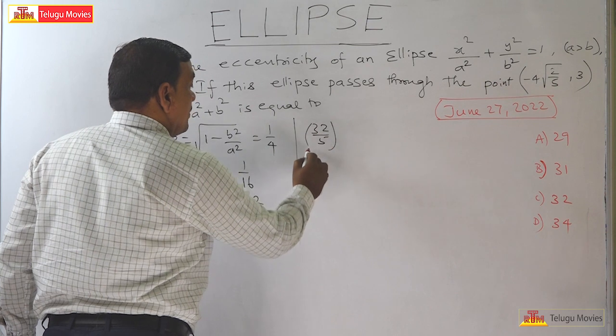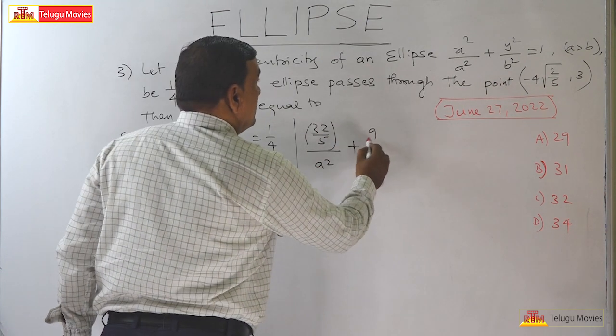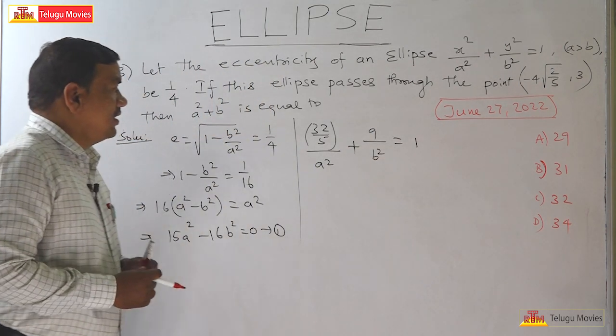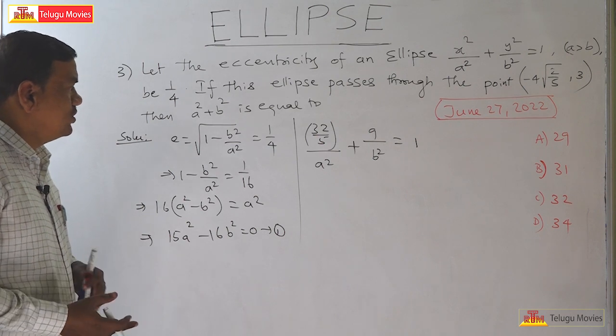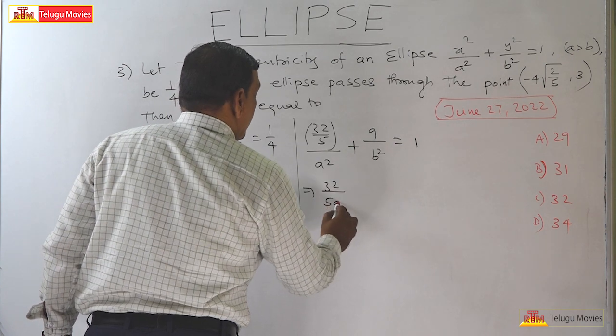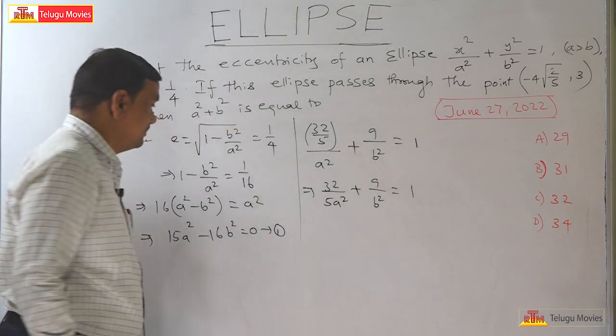So 32 by 5a square plus y square, that is 9 by b square, is equal to 1.